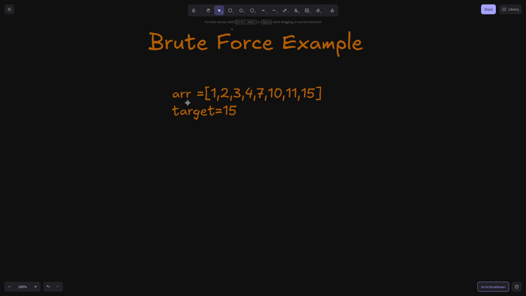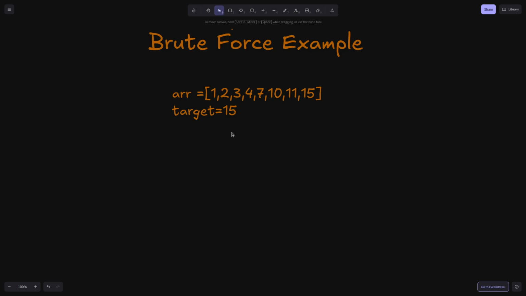This is very important to understand. Sorted array having values 1, 2, 3, 4, 7, 10, 11, 15. And we have to find a pair, the sum of which is 15.